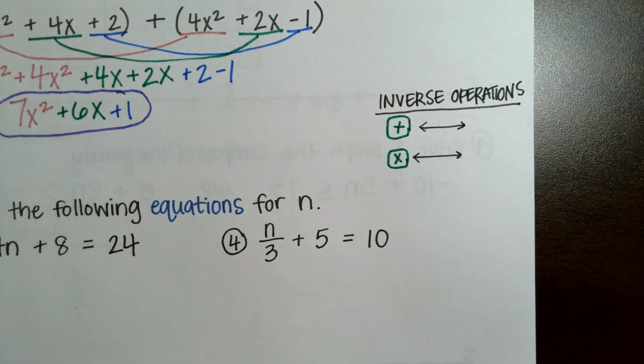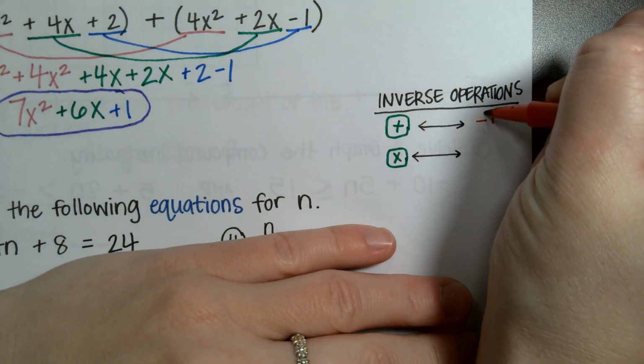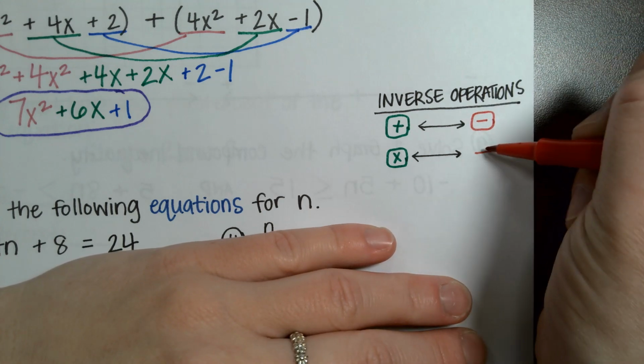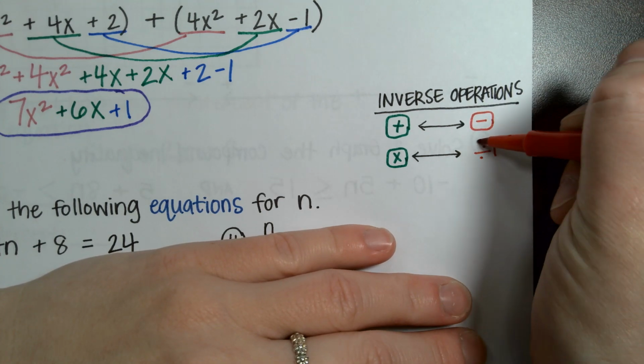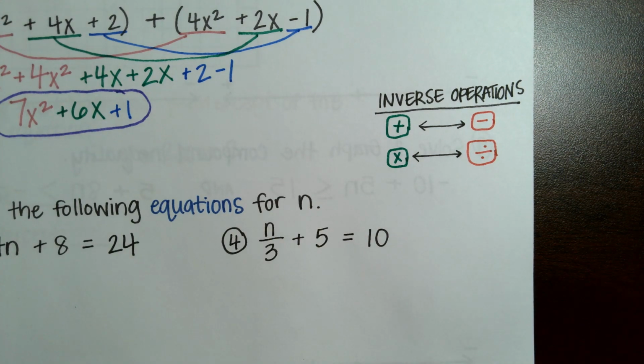And what is the opposite of addition? Yeah, subtraction or minus. And what is the opposite of multiplication? Division. Good. So here's a little key for us.